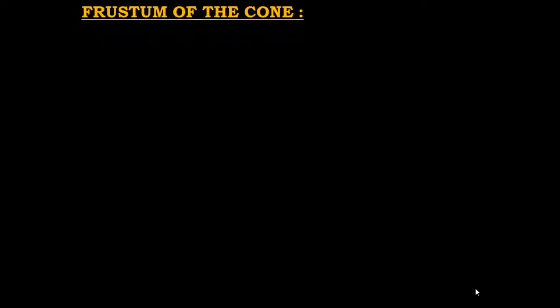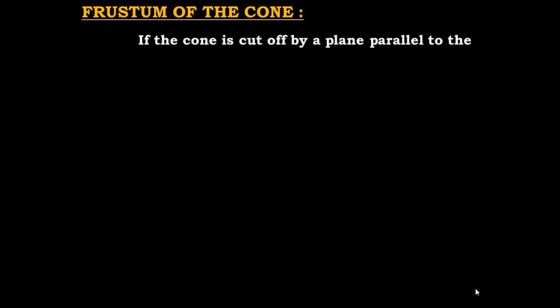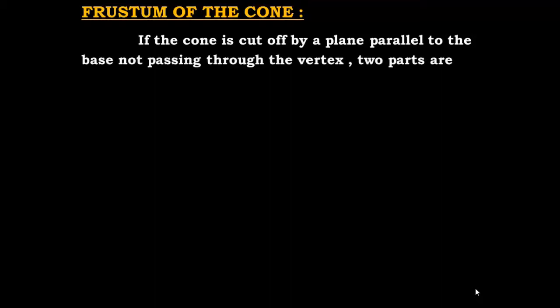Next figure that we have to learn is the frustum of a cone. Now see how the frustum of a cone is formed. If the cone is cut off by a plane parallel to the base, not passing through the vertex, two parts form. If you cut the cone parallel to its base but not passing through the vertex, then you will get two parts.